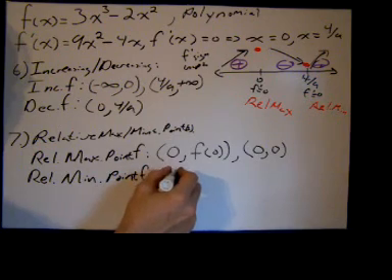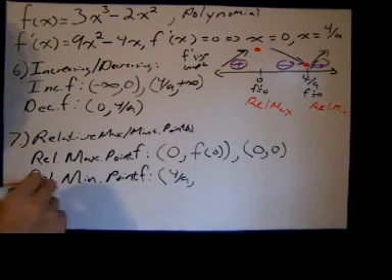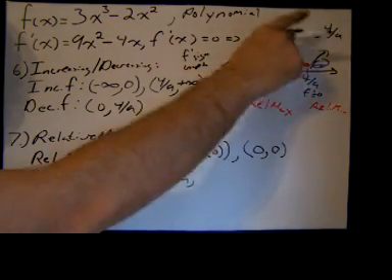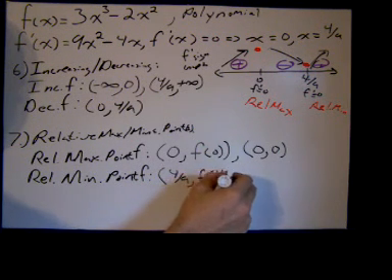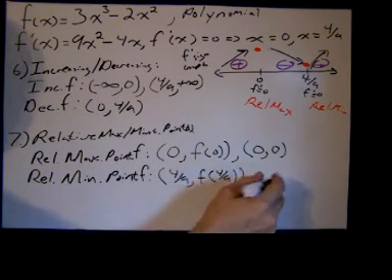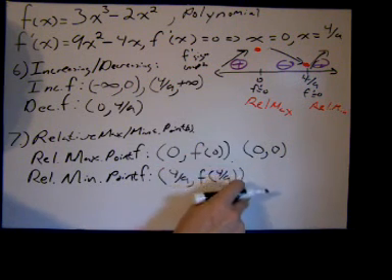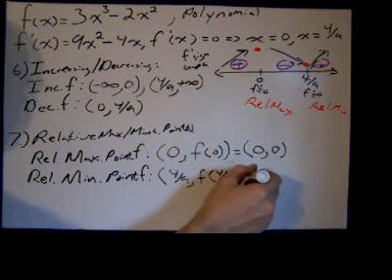So we have 4/9, where we go from decreasing to increasing, we have 4/9, f of 4/9, and I shouldn't make a comma, I should just say that that's equals.